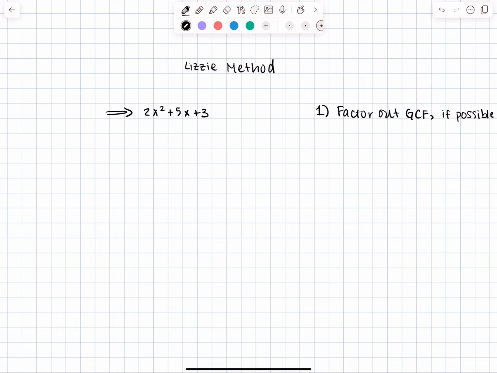Okay. So for the first step, we see 2, 5, and 3. The greatest common factor of these numbers is 1, so we don't have to do anything.